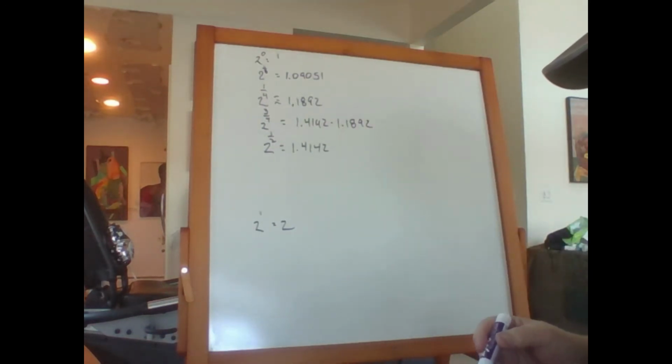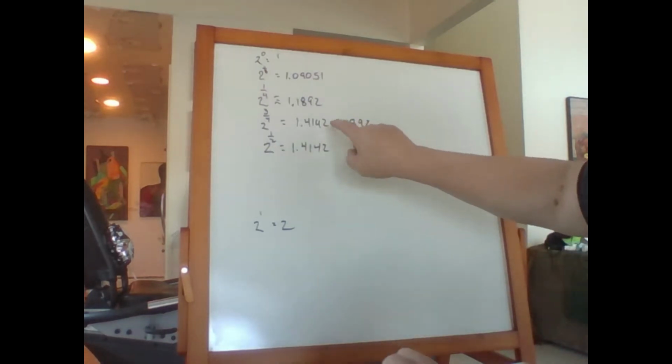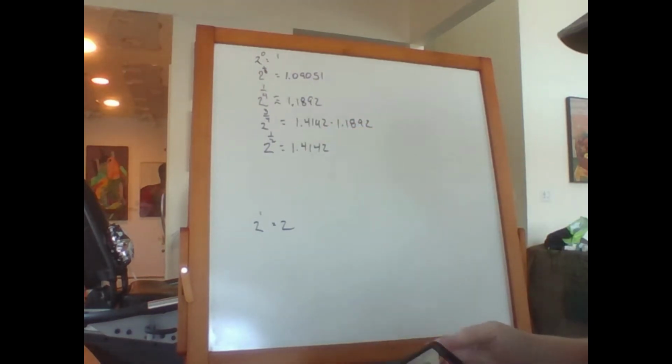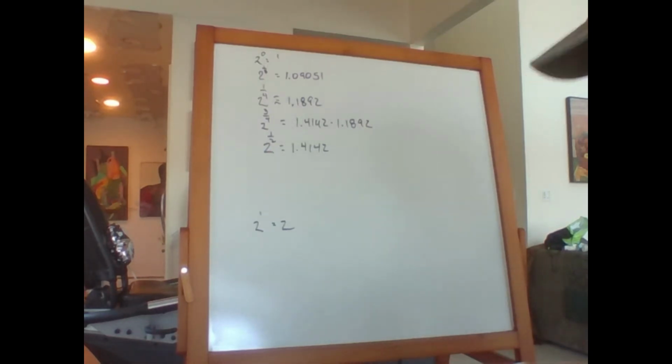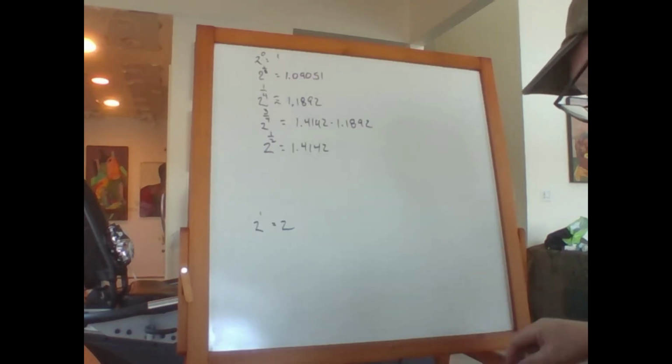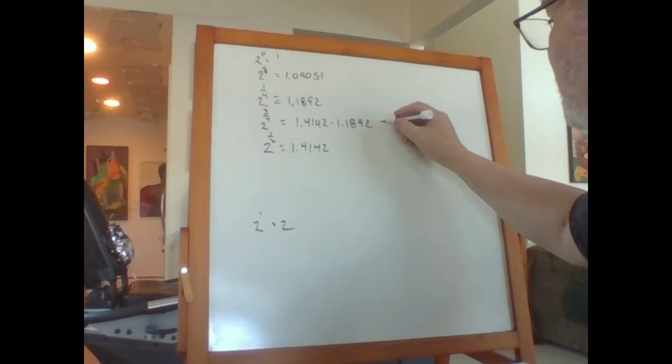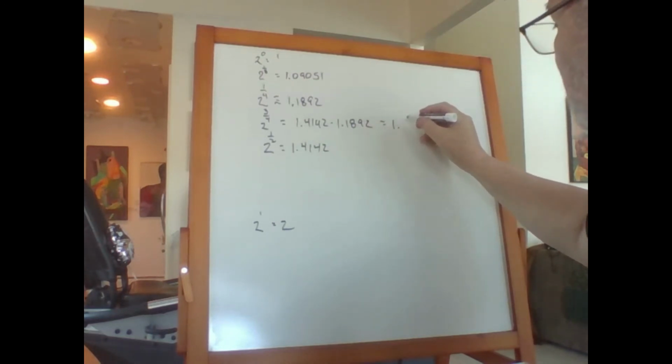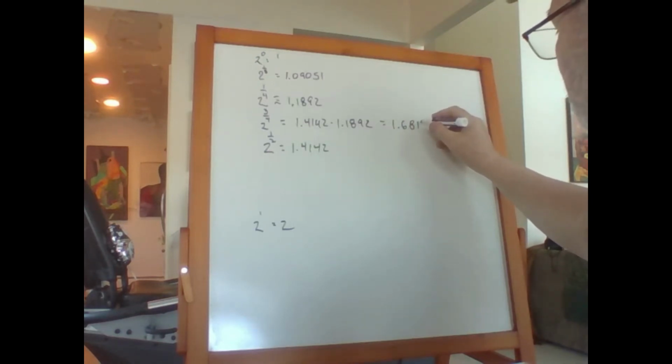And given how precisely we've multiplied that, the error that we introduce is going to be small. So 1.4142 times 1.1892 equals 1.68177.